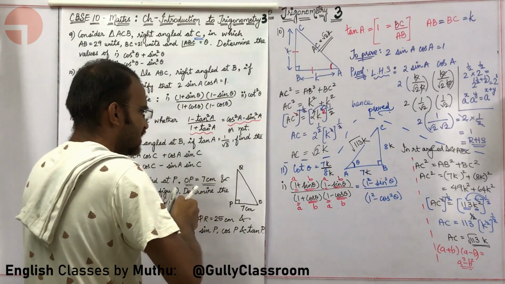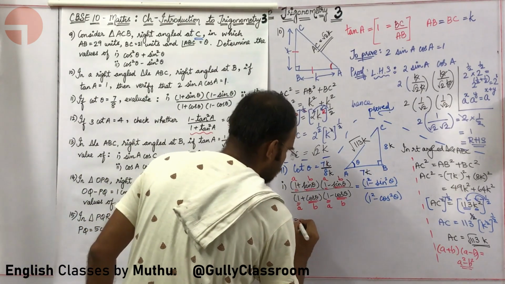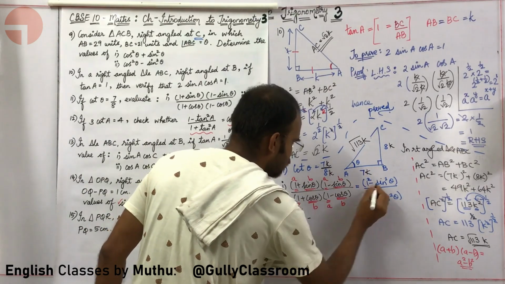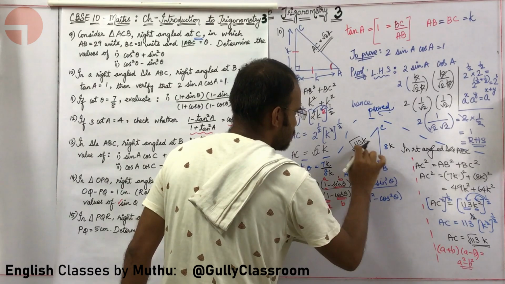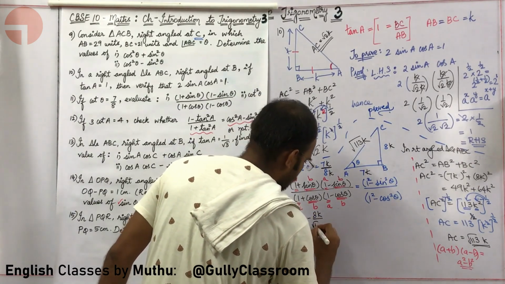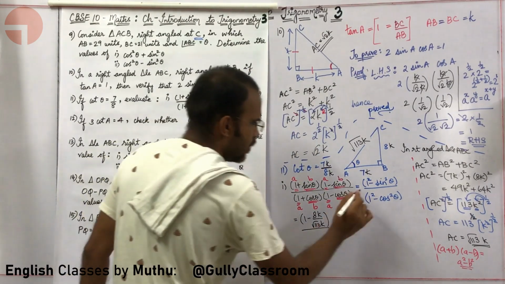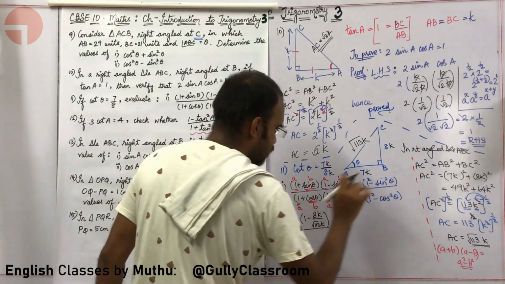What next, sir? The next interesting thing that we are going to do is substitute the values. What values, sir? 1 square is 1 minus what is sine square theta? Sine theta means opposite by hypotenuse, which is 8k divided by root 113k whole, divided by what next? 1 minus cos square theta. Sir, here you are missing a square value.